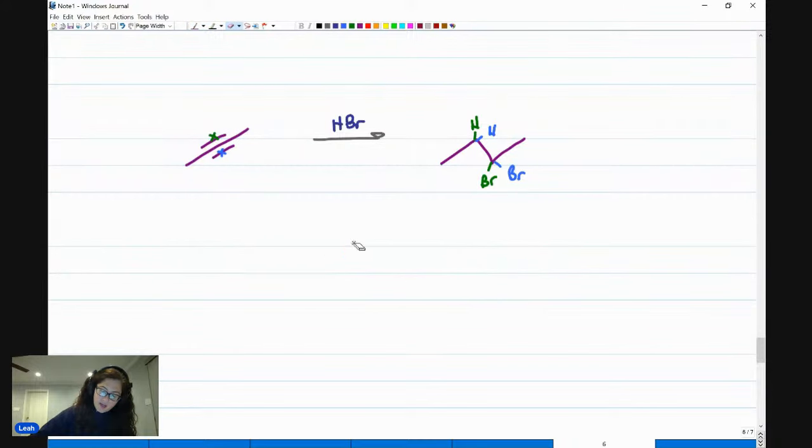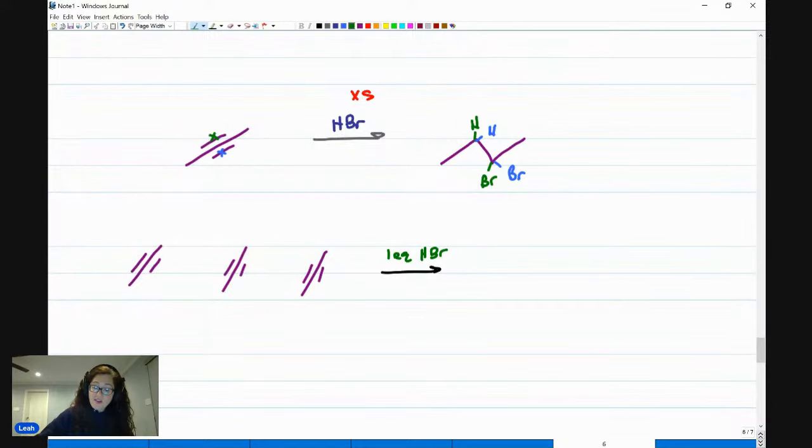If I don't use excess in this case, I will not stop in the middle. Of 3 molecules here to react, if I try to limit the equivalent, so let's say I only put in enough HBr so that each molecule gets 1, I'm not going to have partial additions the way you are expecting.